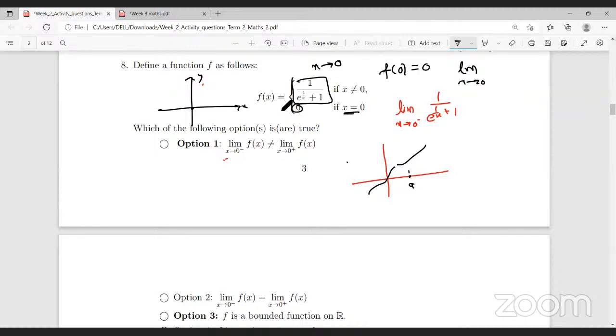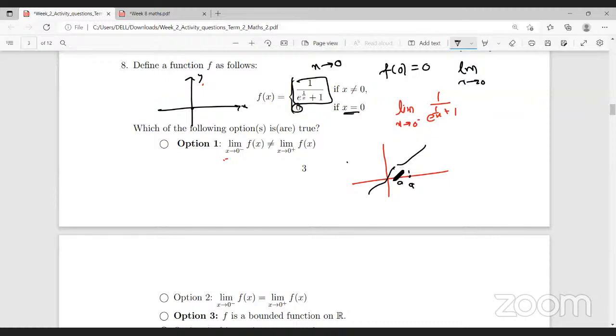Sir, 1 upon e, when x tends to 0, if it is minus h or plus h, it becomes e to the power... left hand limit is 1, sorry. Say suppose this is any function and this is point A. We have to check whether this limit exists at point A or not.